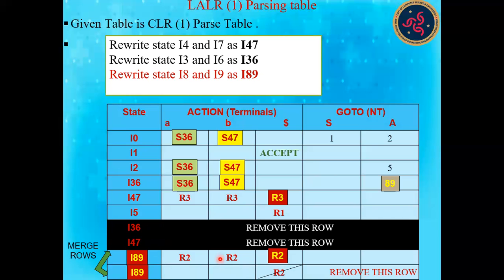The number of states, initially it was 10, from I0 to I9, will now reduce to 7, that is I0, I1, I2, I36, I47, I5, and I89.